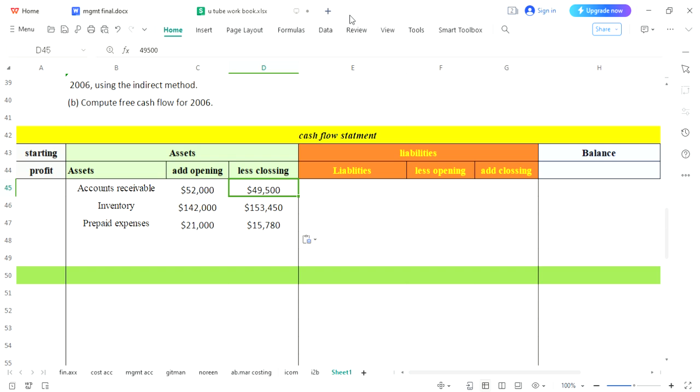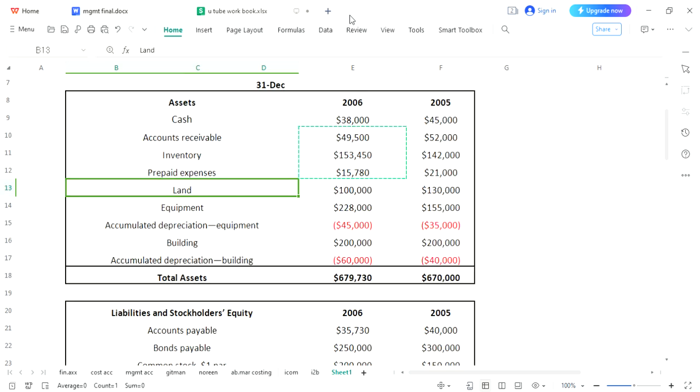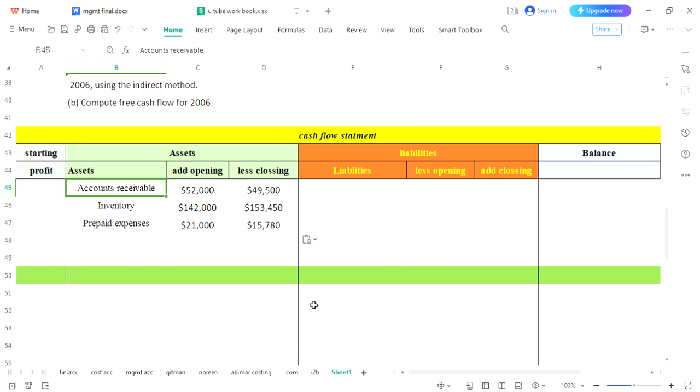So definitely several minutes are saved. Now, for land, equipment, depreciation and building depreciation, we will be adjusting them in the lower portion where we will be doing fixed assets. Here we are concerned with current assets, and in the lower portion after green we will see fixed assets.